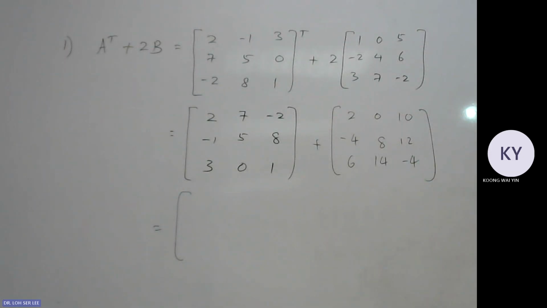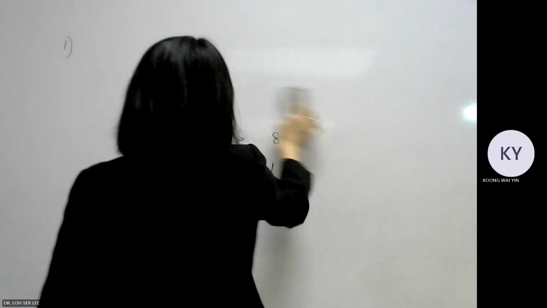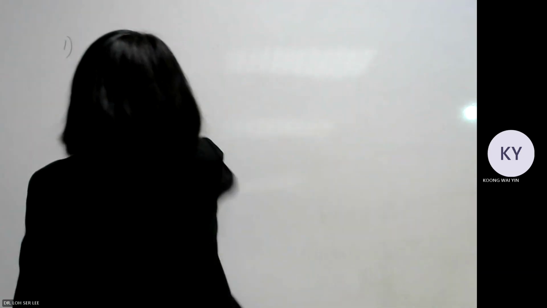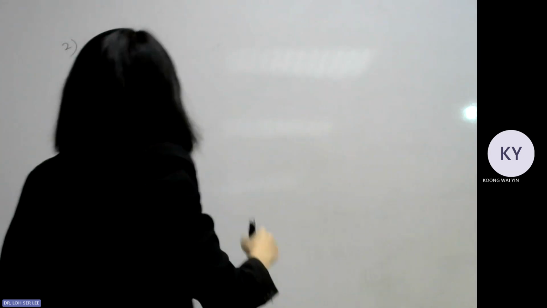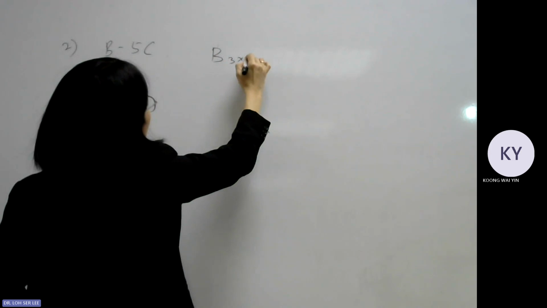Okay, have you done question number 1? B minus 5C. Okay, so this one, B has an order of 3 by 3.